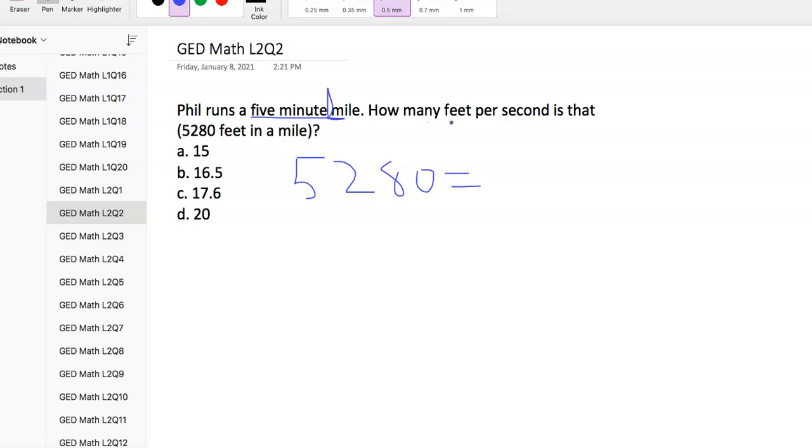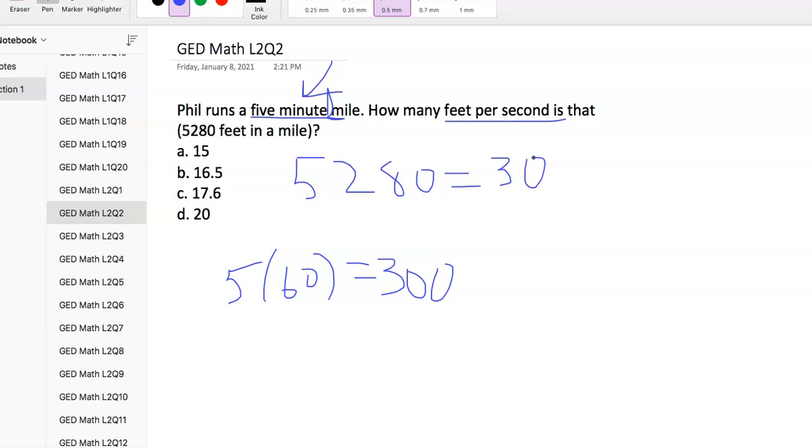But they're asking feet per second. So we need to get this 5 minutes into a second number. How many seconds are in 5 minutes? And then that's going to help us out. So 5 minutes times 60 seconds per minute equals 300 seconds. So he goes 5,280 feet in 5 minutes, which is the same as 5,280 feet in 300 seconds.